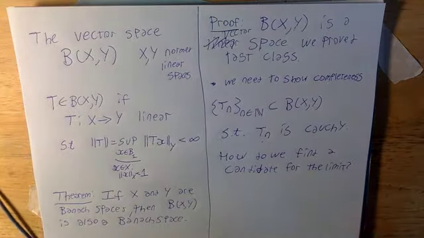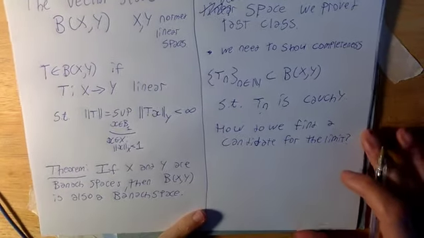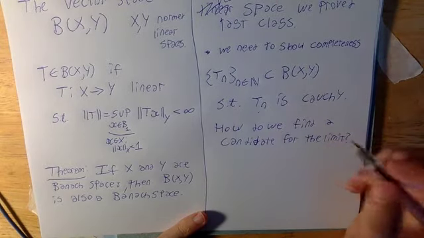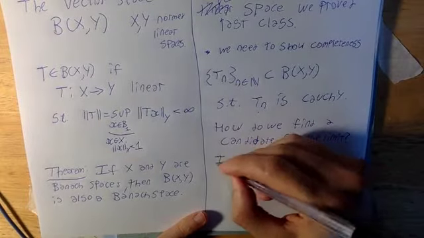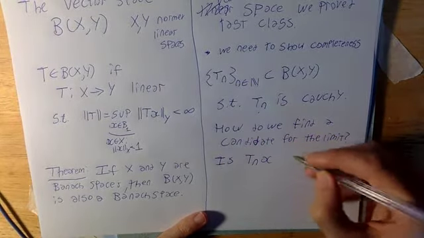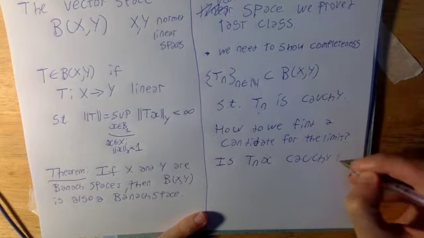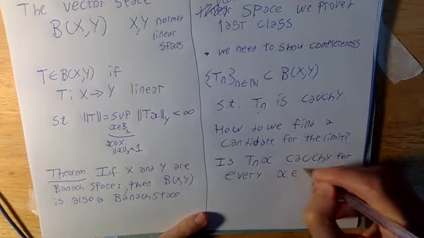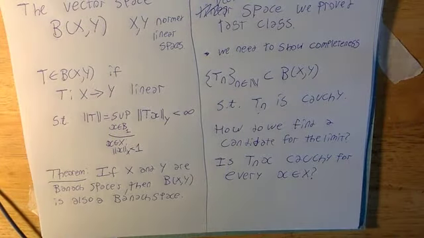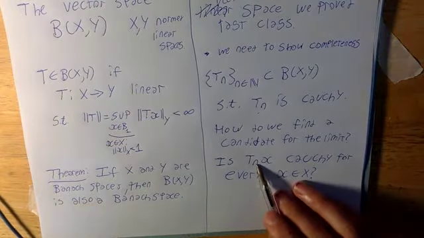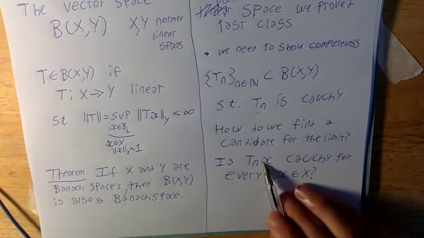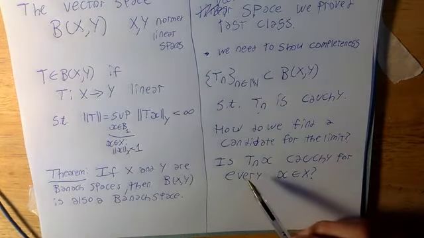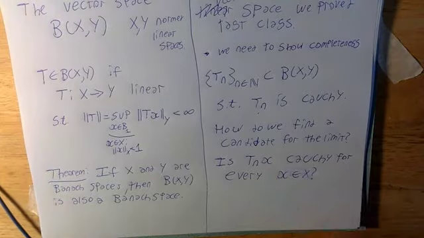So what do we know? We know that Tn is Cauchy. Okay, so the question is: is Tn of x Cauchy for every x in X? What we need is that Tn of x admits a limit. If we know that Tn converges to a limit T, then we also need the pointwise convergence of Tn of x to T of x.